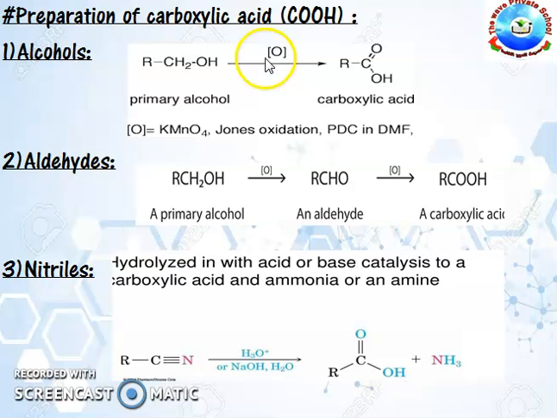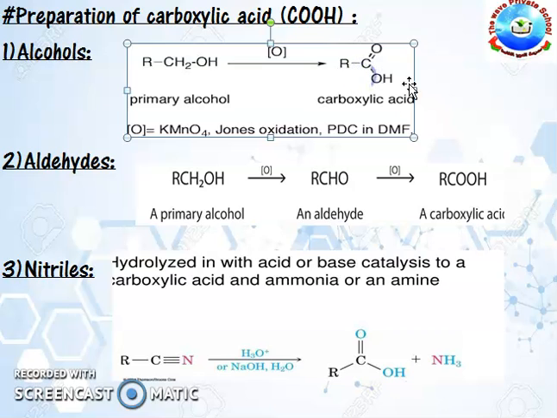When treated with oxygen, it gives carboxylic acid. You can see here CH2OH becomes COOH. So primary alcohol, when treated with oxygen, gives carboxylic acid.